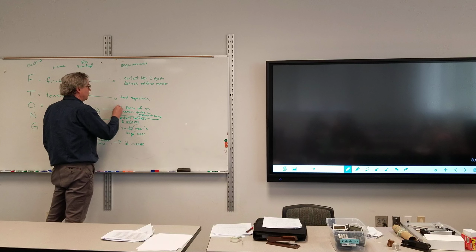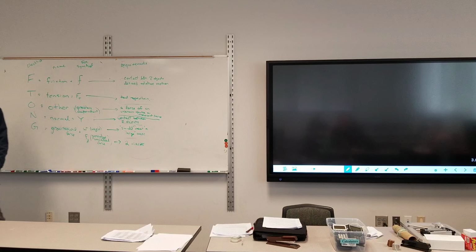Other typically shows up in a word problem. Textbooks usually have an other involved. A 3 Newton force is pushing on a box. Well, what's causing the 3 Newton force? I don't know, doesn't matter. All I know is there's a 3 Newton force. That is an example of other.